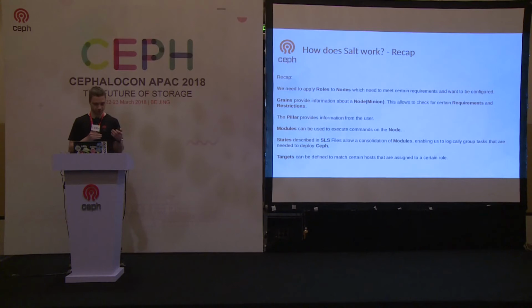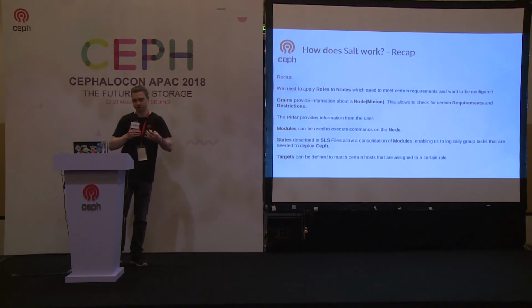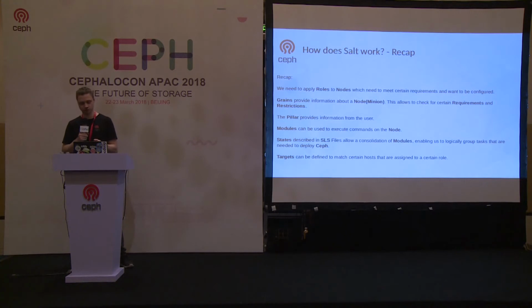You know, if we have the correct kernel running and stuff like that, we can provide user data by the pillar. We can now execute commands and can execute them on different kinds of nodes. We can target them, and we have states where we can logically group lots of different functions that we can write ourselves. So we now have a pretty good toolbox.